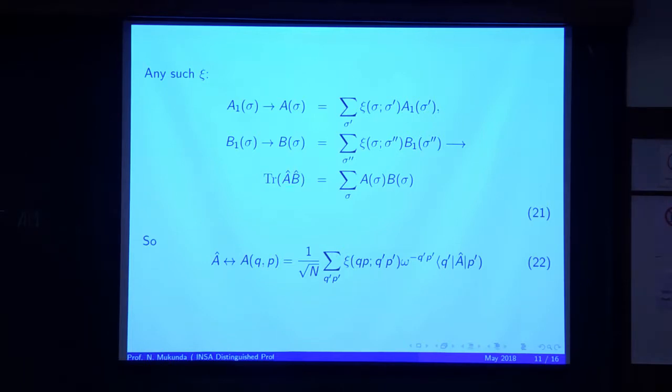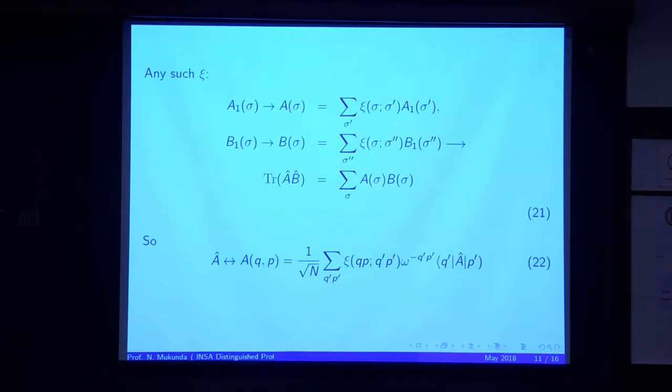So this would be, for any allowed choice of xi, a possible way to describe the Weyl-Wigner machinery for a finite state system. The matrix A on the Hilbert space would correspond one-to-one to a classical function of discrete coordinate and momentum. Okay, this is the idea.